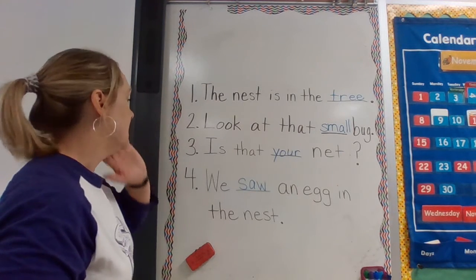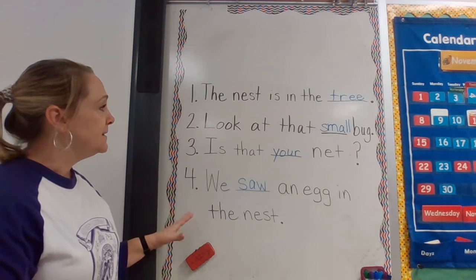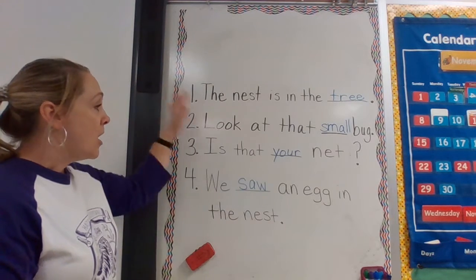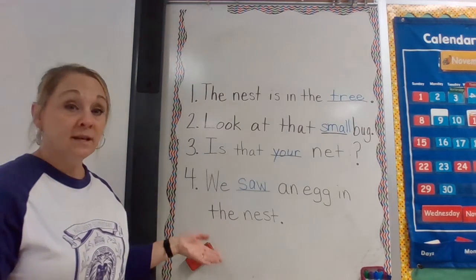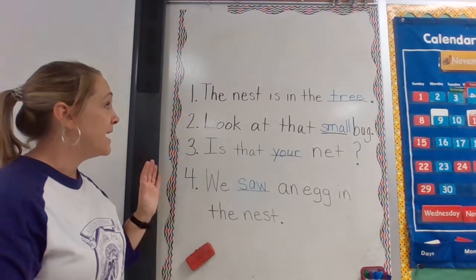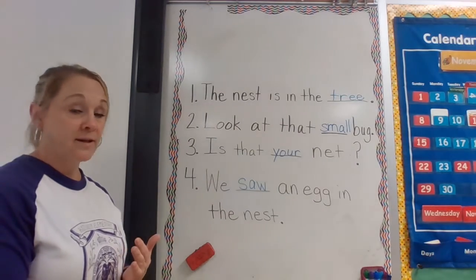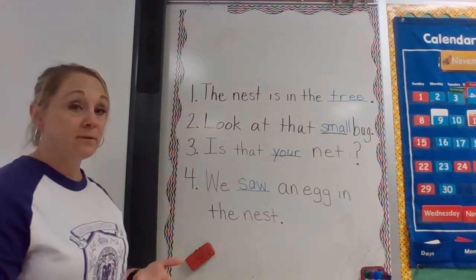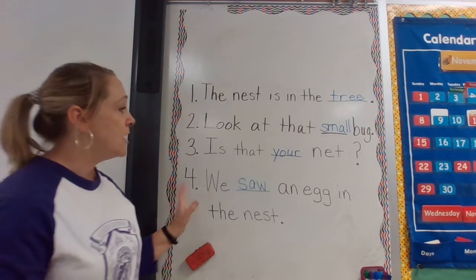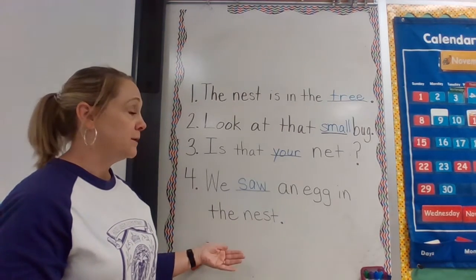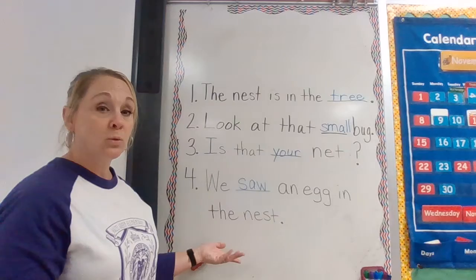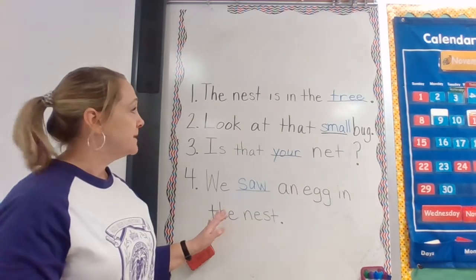So let's go back through and read these sentences. All of these sentences use words that you can read by yourself. They either have words that you can sound out and we've covered in some of our phonics skills, and then all or most of the sight words or high frequency words are words that you already know. So let's go through.